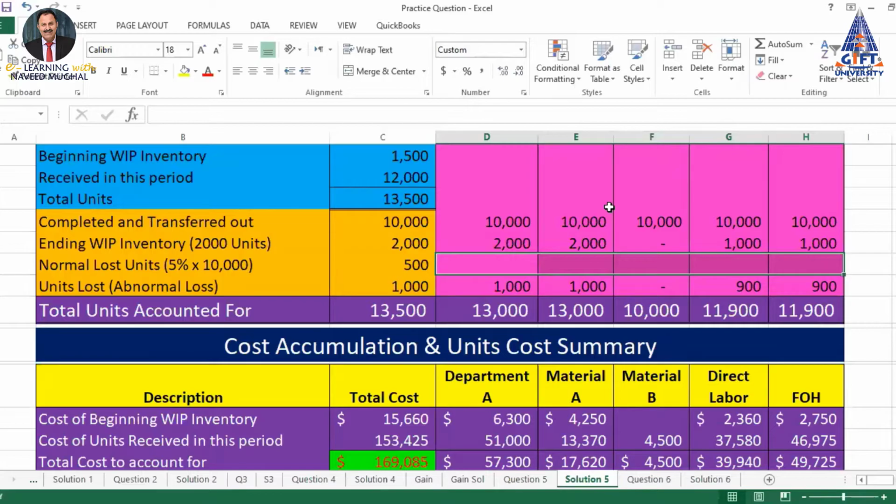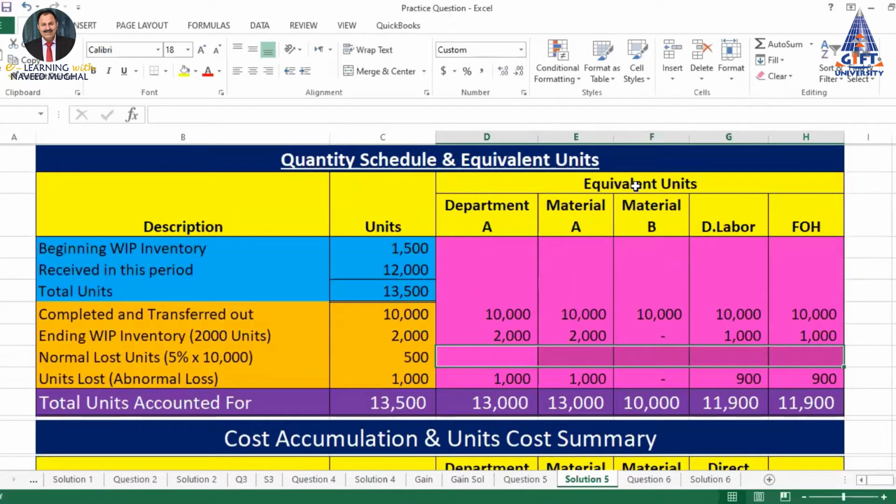If I summarize this discussion, we have two types of losses, that are normal losses and abnormal losses. Abnormal loss is always separated. But when normal loss is charged to good units, that are completed units and work in process units, then we do not have to add these normal loss units in calculation of equivalent units.